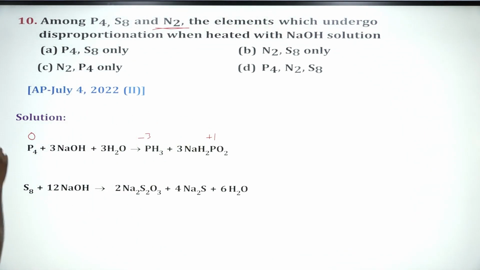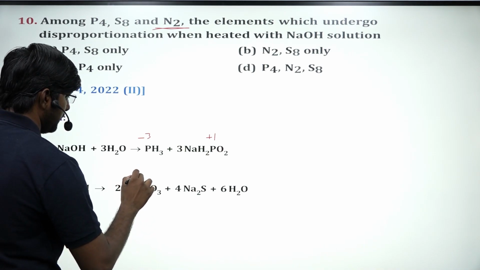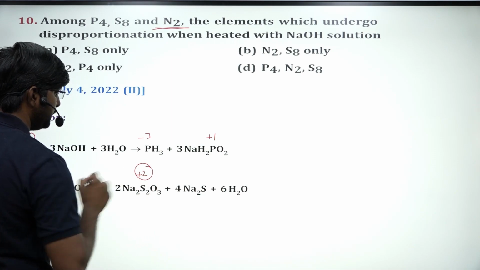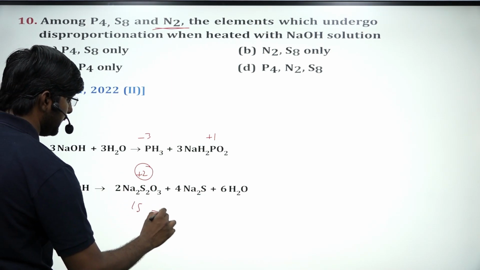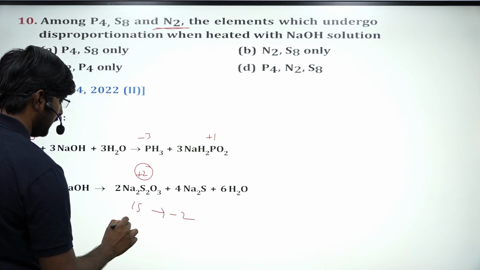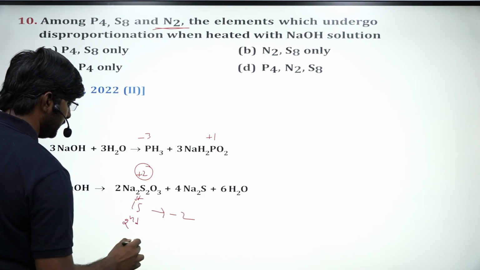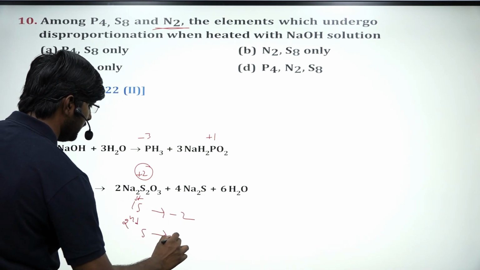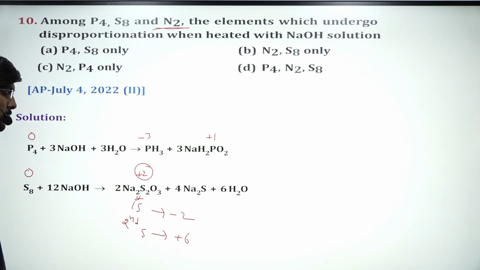Next here sulphur 0, and here the average oxidation state is +2. Actually here two sulphurs, one sulphur is in -2 oxidation state, and the second sulphur is in +6 oxidation state. If you take the average oxidation state, that is +2.